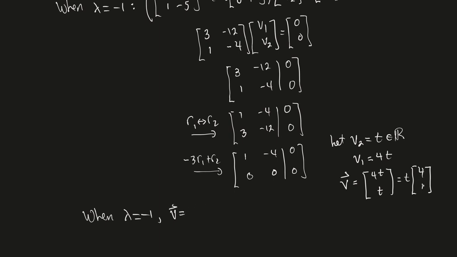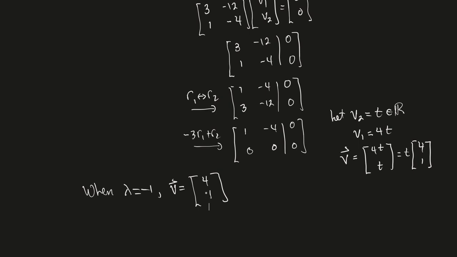And we're just going to choose this 4, 1 as a convenient basis or representation of the eigenvectors that are associated with -1. So we're going to choose the vector 4, 1, and then this would be the eigenpair.